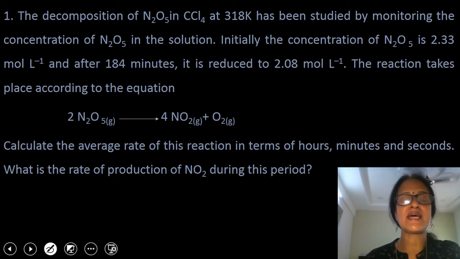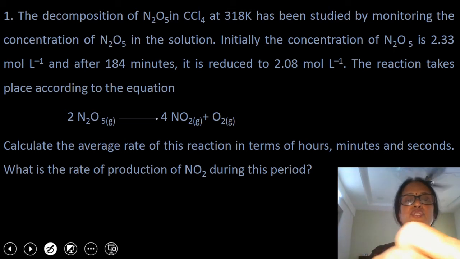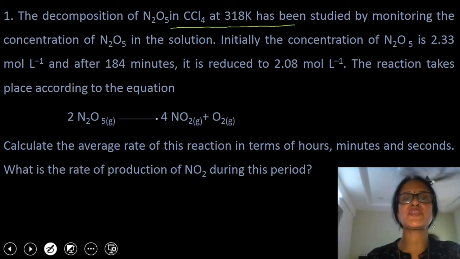So the question is that you have been given decomposition of N2O5 in CCl4 at 318 Kelvin. So this decomposition was studied. How was it studied? It was studied by monitoring the concentration of N2O5 in solution.